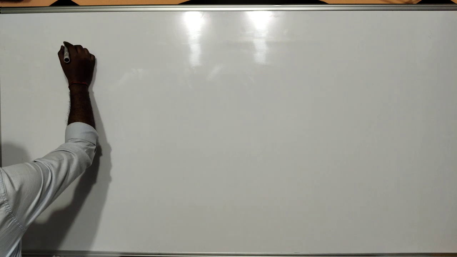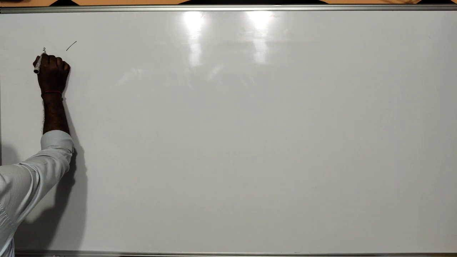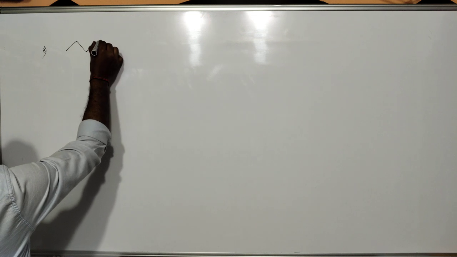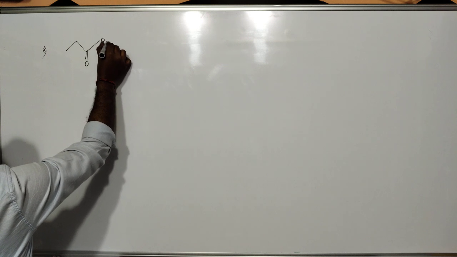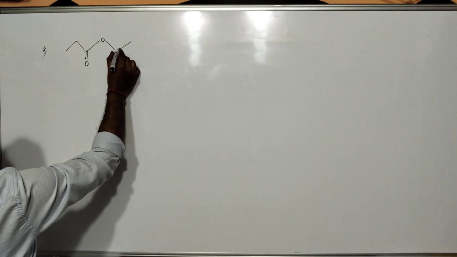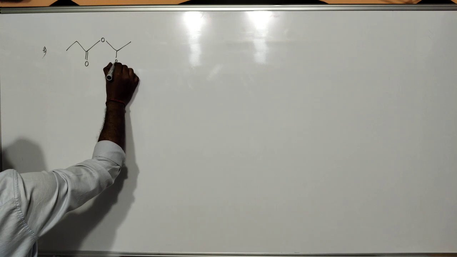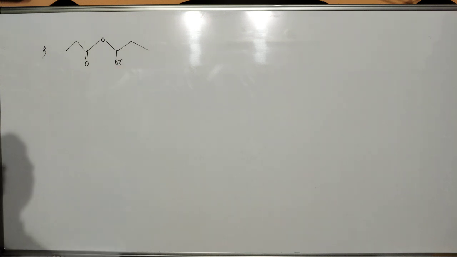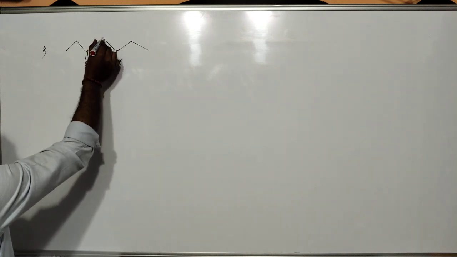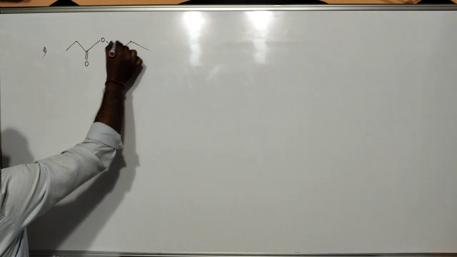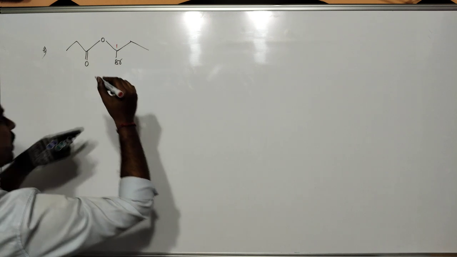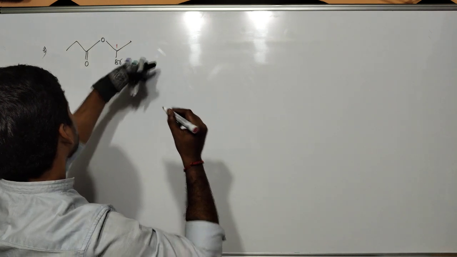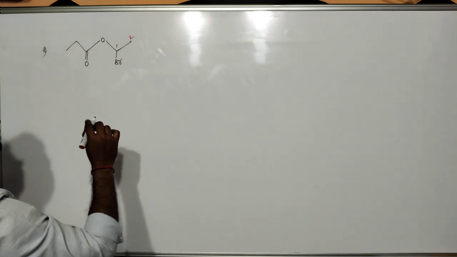Next, example number 3. For this molecule, COOR, this is the substituent, and the substituent's first carbon, and this is the second carbon.